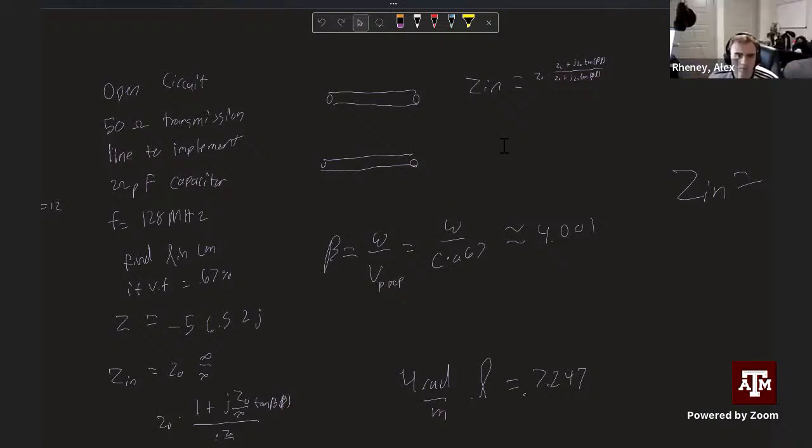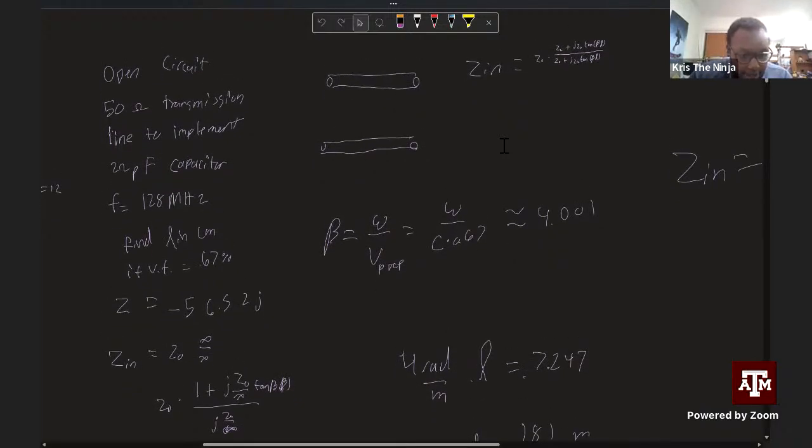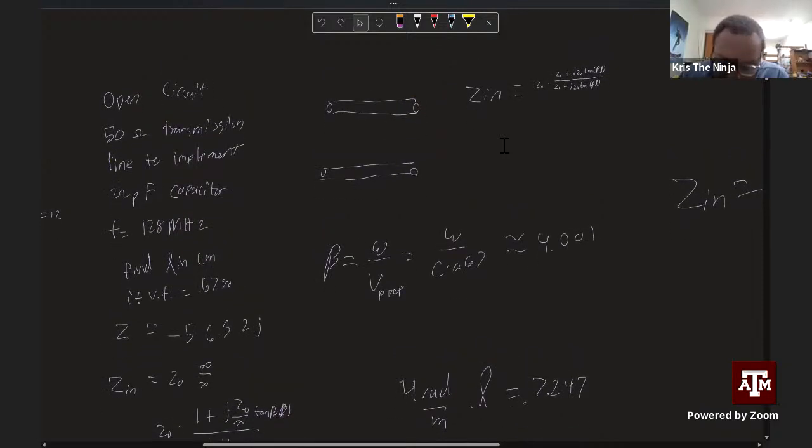So we find our Zn by taking Z naught. We know Z naught is a 50 ohm transmission line, so 50 ohms equals Z naught. And from our capacitor value, 22 picofarads, if you find the reactance of that, which is 1 over j omega C, it equals negative 56.52 j.